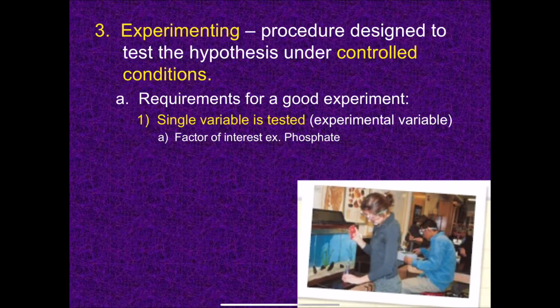In experimenting, you really want to be looking at one thing that you're testing. So in this case, these students are testing the effects of phosphate, right? That's the only thing that's going to be varied in their experiments. They're going to try to keep everything else the same except for the thing that they're testing, which in this case is the phosphate fertilizer, right?